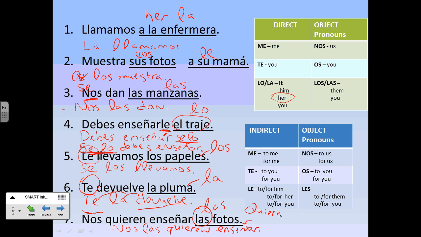You can attach it to an unconjugated verb. To attach, you put an accent mark over the infinitive, which we really didn't talk about in class.